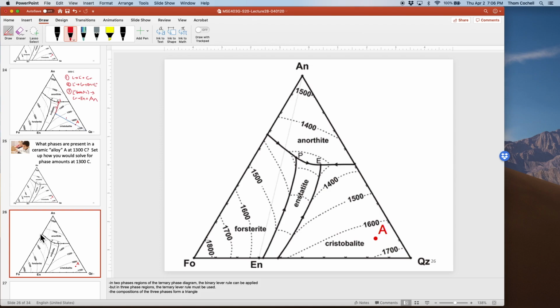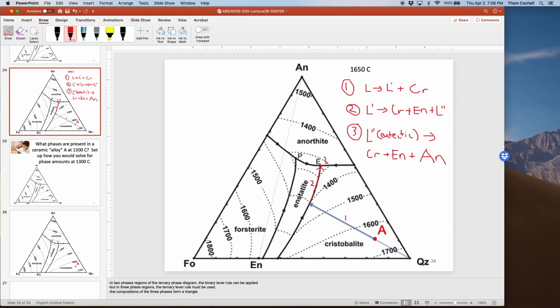So let me go back to the crystallization path we just worked on. Again, this crystallization path tells me the liquid composition. That's all it tells me. So if I follow this in terms of temperature, I didn't write out the temperatures fully up here, but you can do that as you work through this as well.